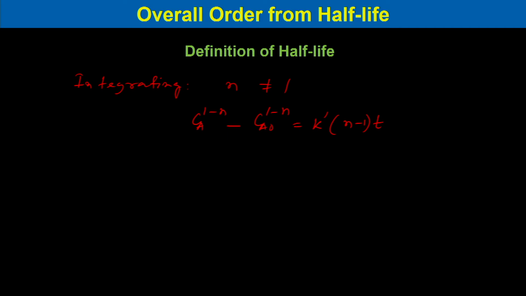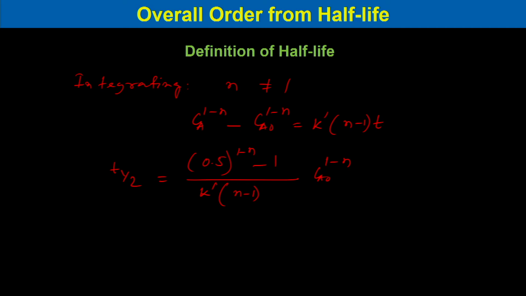So, now if we define the half life as the time taken for a reactant to reduce its concentration to half of its value, that means from here we can write T half would be equal to 0.5 to the power 1 minus n minus 1 divided by k dash into n minus 1 into Ca naught to the power 1 minus n.